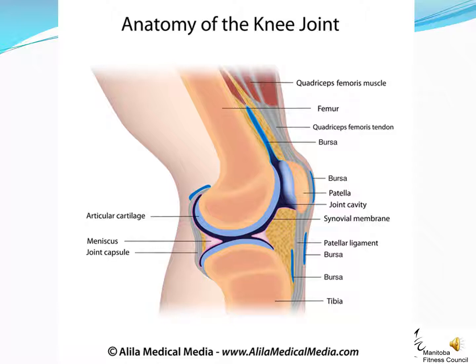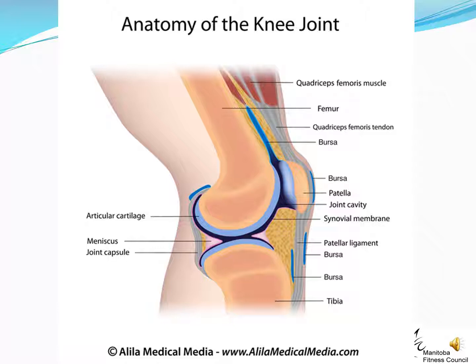So you can see the two of them meet. That dark blue space in between would be your joint cavity. It is lined with a very fine red line of your synovial membrane. The synovial membrane will secrete synovial fluid into that dark blue space, which will lubricate the ends of the joint, allowing for movement.